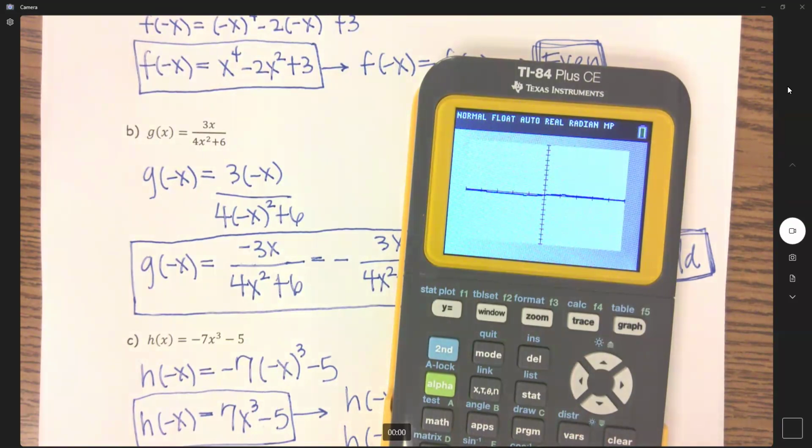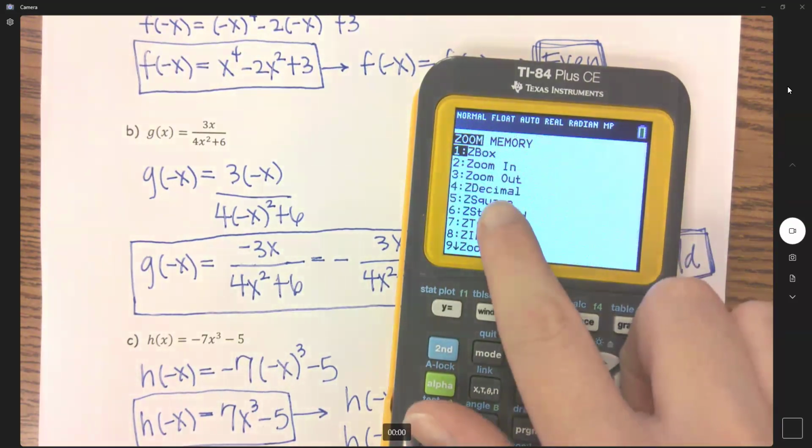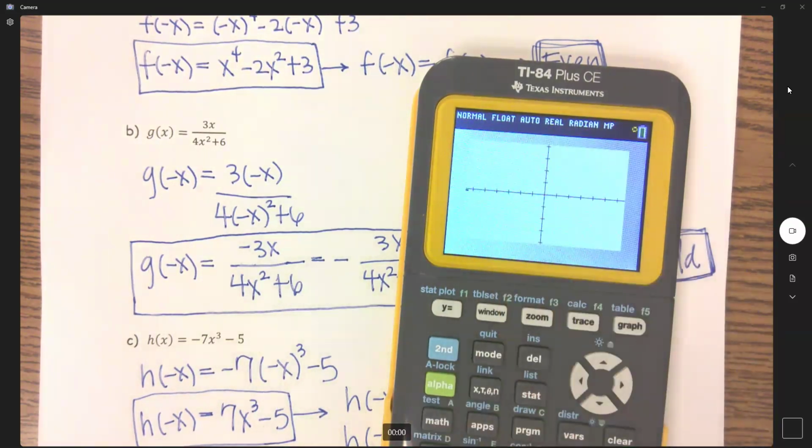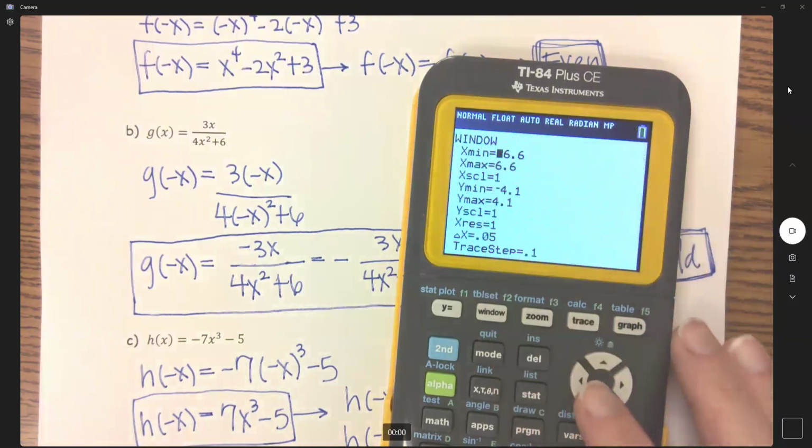Okay, not the best graph, so let's try a zoom 4 for a decimal. Let's see if that helps. Okay, that helps. You can clearly see that this does have origin symmetry. If we want to get in even closer, let's just move this y to -1 and 1.